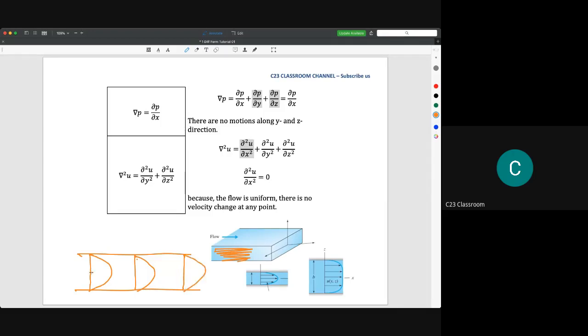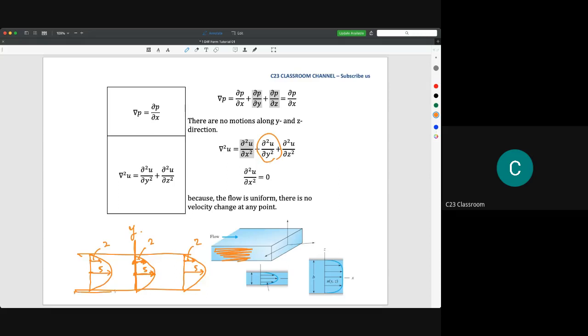Contohnya dekat sini adalah 5, sini pun 5, sini pun 5. Kalau kita ambil dekat atas di sini, mungkin dia akan 2, di sini pun 2, di sini pun 2 meter per second. Okey, memang betul 2 meter per second tidak sama dengan 5 meter per second. Perubahan ini berlaku pada paksi Y. Itu sebab kita kata du dy tak sama dengan kosong.